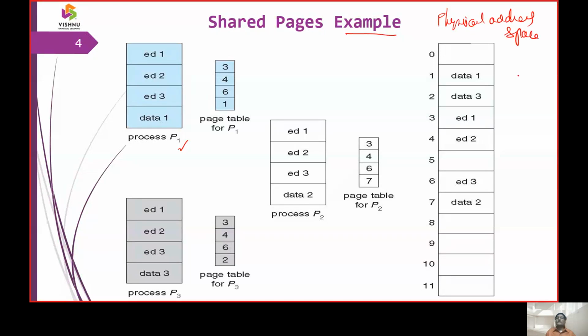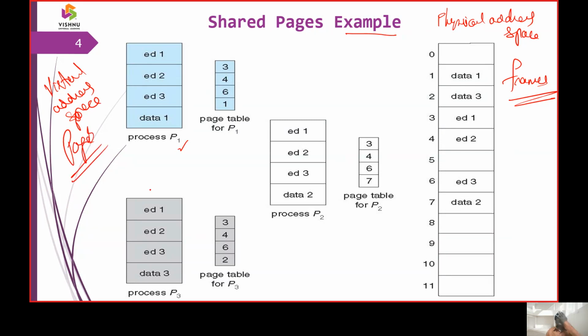In this physical address space, the items are stored in the form of frames. Here we have the virtual address space, and in this virtual address space we have items called pages.